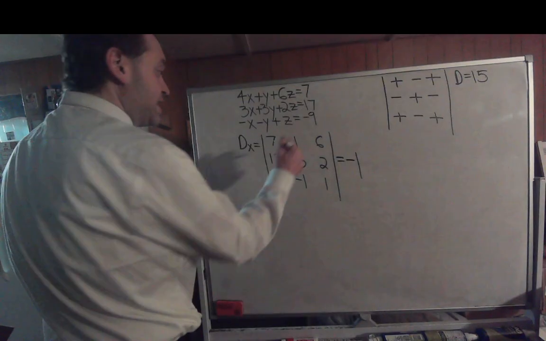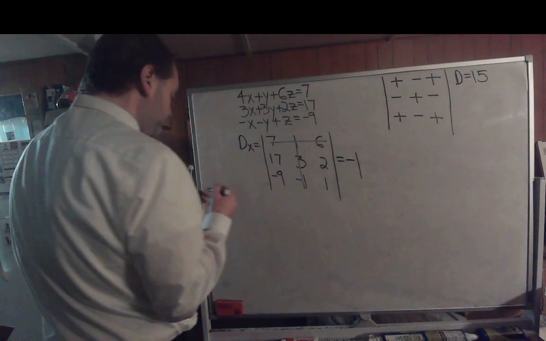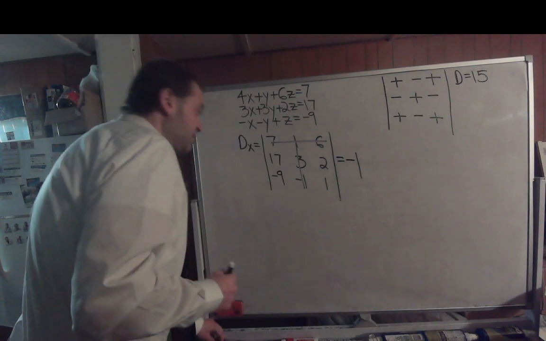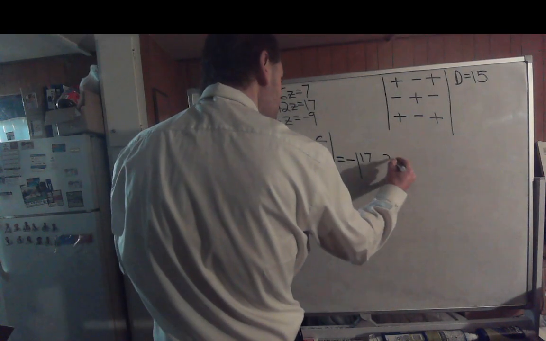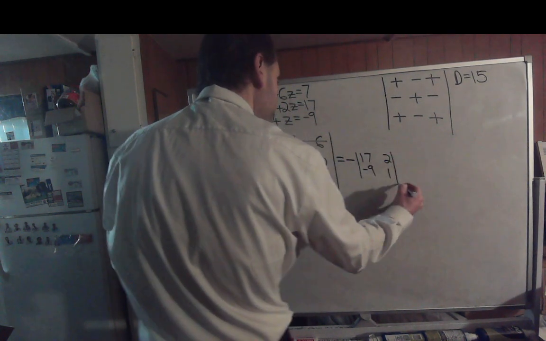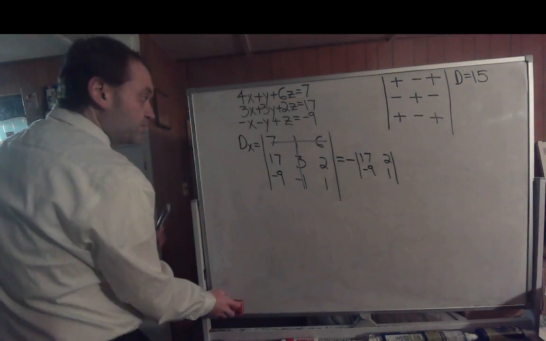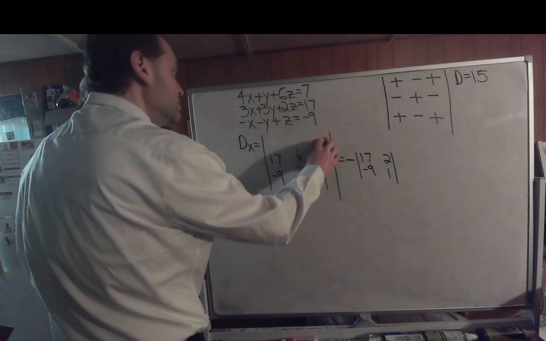Now I have to strike out column 2 and row 1, giving me the resulting determinant of 17, 2, -9, and 1.